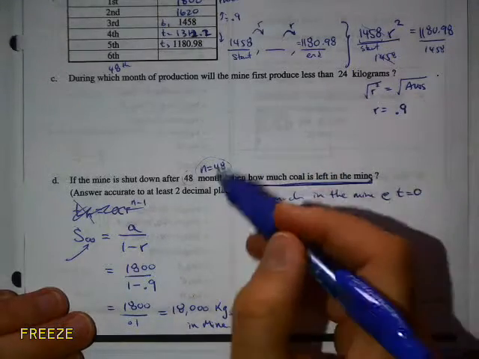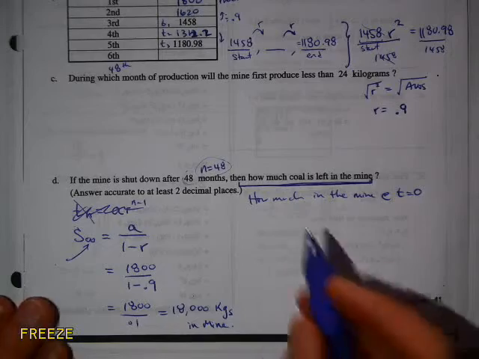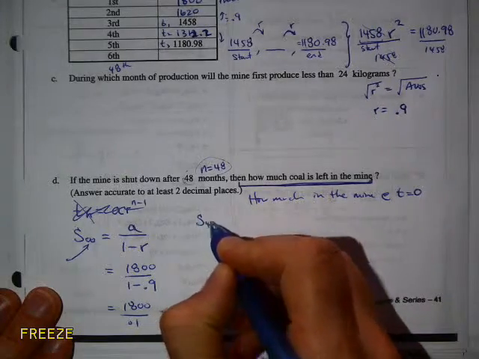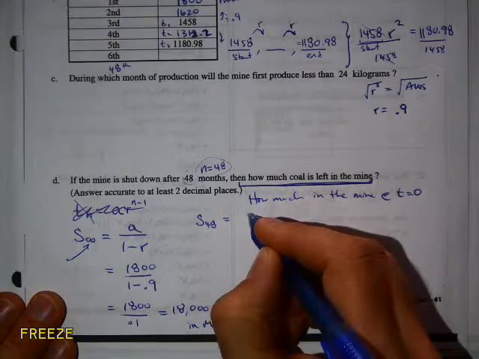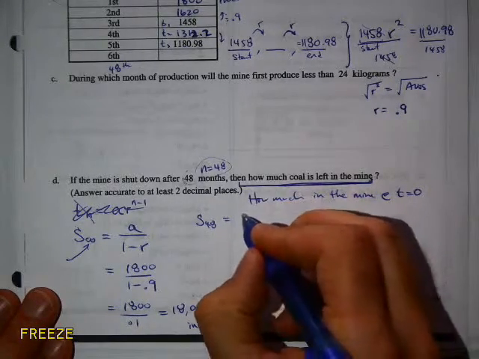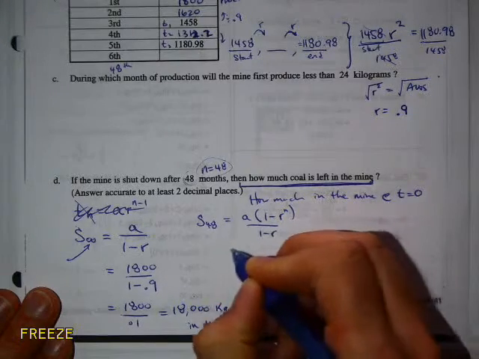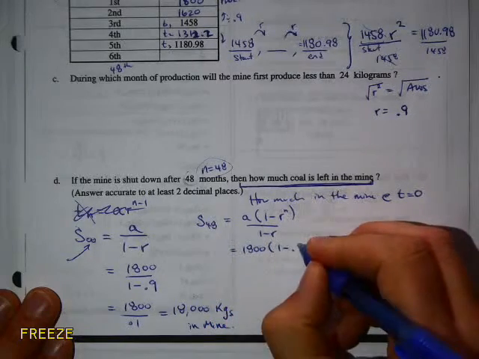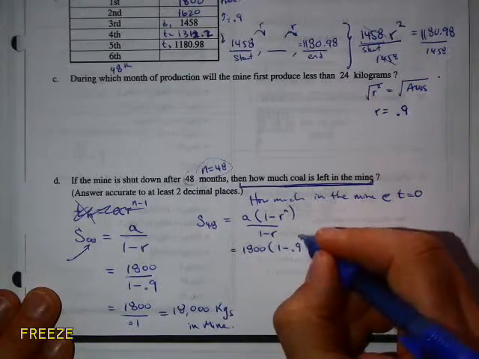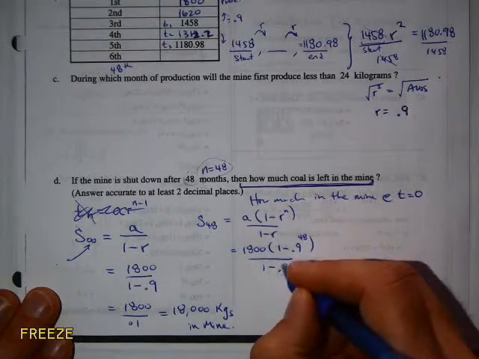Then they're asking, suppose it's shut down after 48 months. Okay, well, we need to know how much is produced in 48 months. Let's do that. S48. Well, that's going to be A times 1 minus R to the N, over 1 minus R. A was 1800, 1 minus 0.9 to the power of 48, over 1 minus 0.9 again.